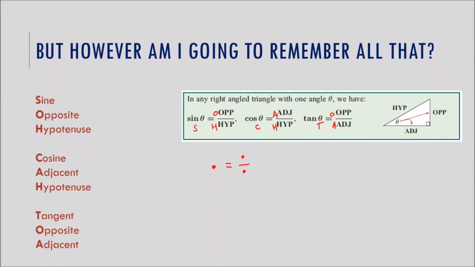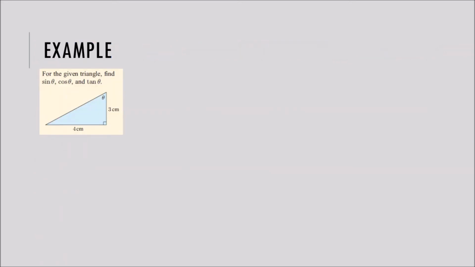That's a good way to remember it all, and a fancy way that I remember still, even from when I was in school. So let's look at an example. I have a triangle here. For this example, we don't have all the information, so let's call this last value on our hypotenuse x.